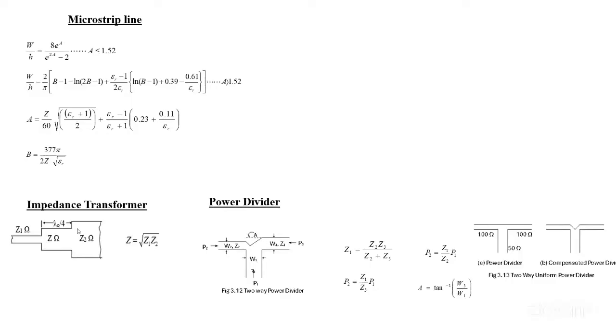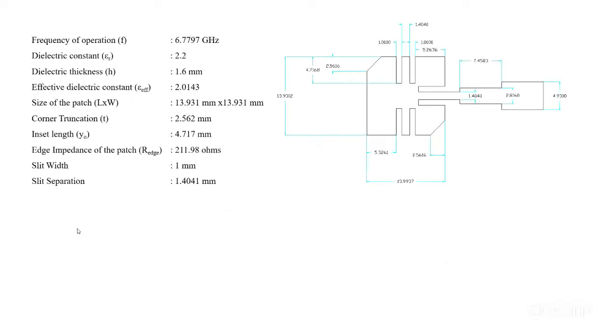So we use 1:2 power dividers here. When there is a power divider, we will end up transforming the impedances from the input impedance to the required output impedances, ultimately to match with the edge impedance of the patch antenna.